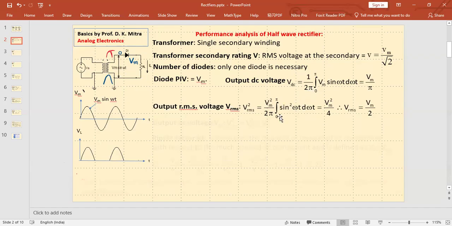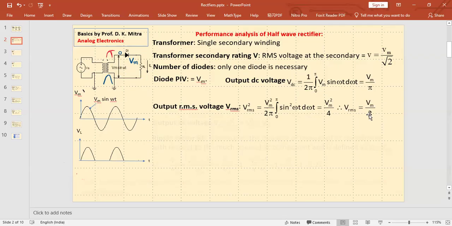Now integrate the square of Vm sine omega t d omega t. So it becomes Vm square sine square omega t d omega t, and once again averaged over 2 pi. If you do this, you will find it is Vm square by 4, and that is the RMS square. Here RMS square is Vm square by 4, so Vrms is Vm by 2.